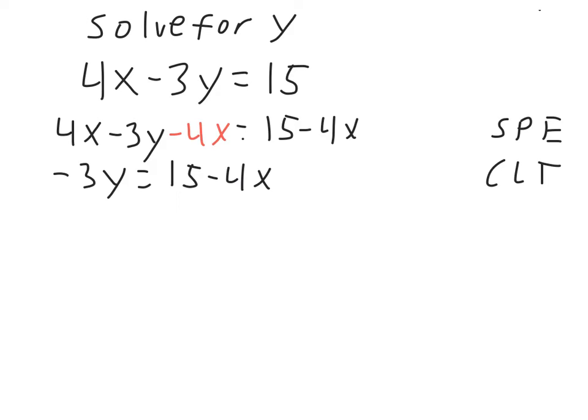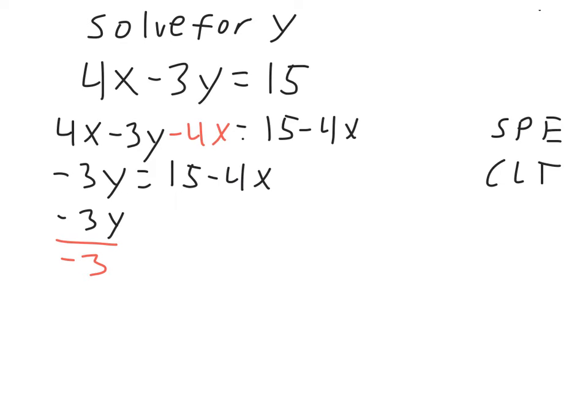Now, we need to divide this negative 3 out, because it's multiplying. So we have to take negative 3y and divide by negative 3.